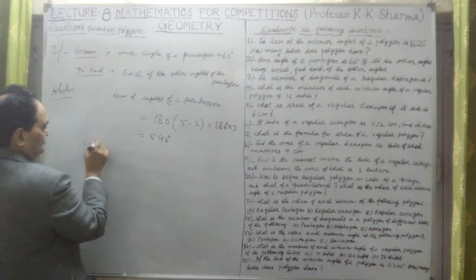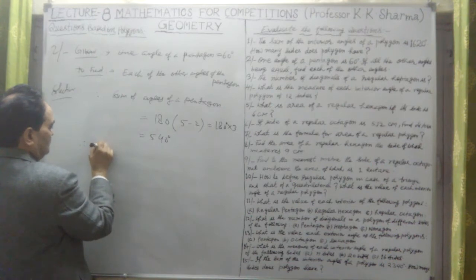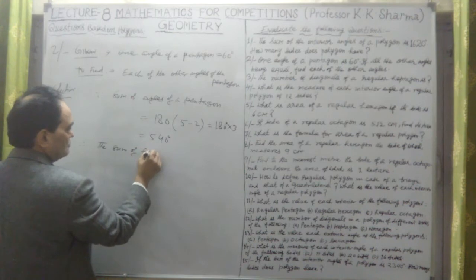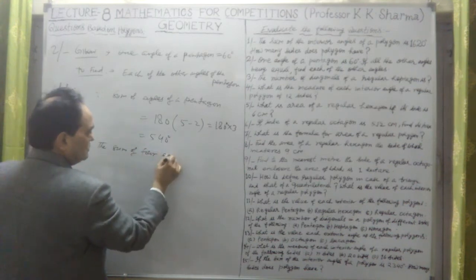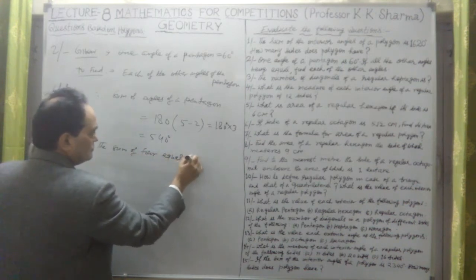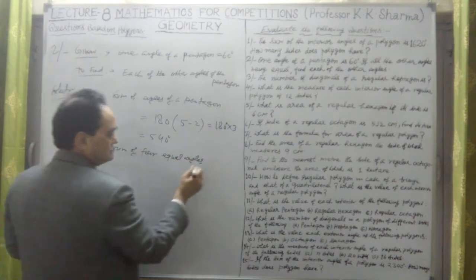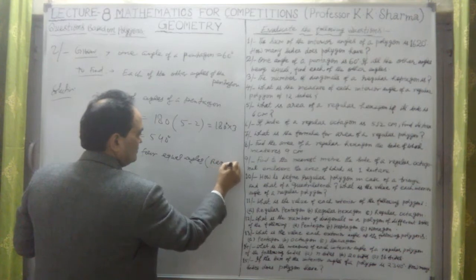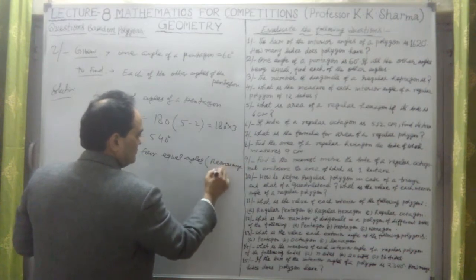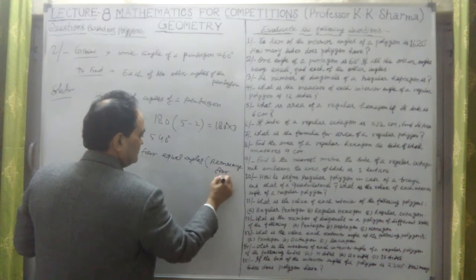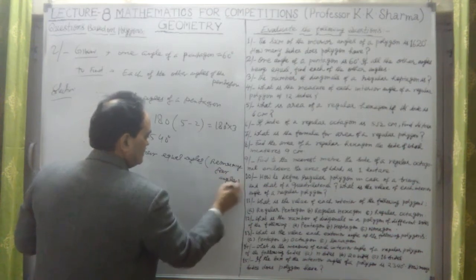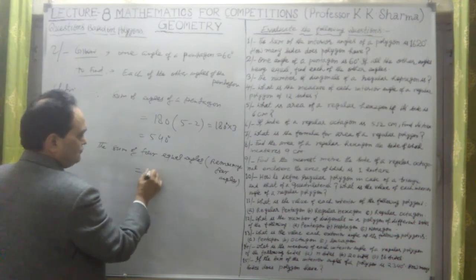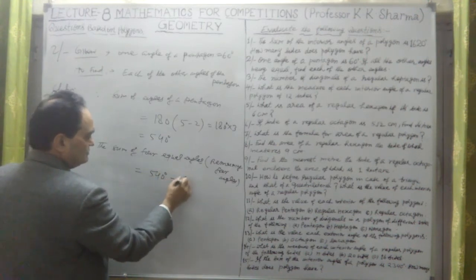Therefore, the sum of the remaining 4 equal angles is equal to 540 degrees minus 60 degrees.